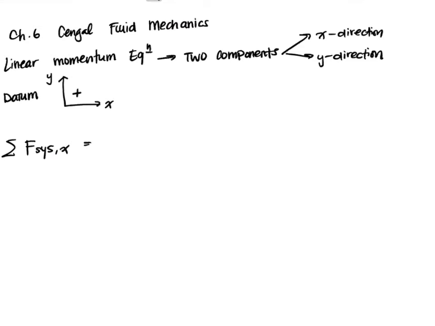Okay, so these are the linear momentum equations where we have the sum of forces onto the system in balance with density, directional velocity, the area, and the magnitude of the velocity in the x direction, and these are all out of the system, minus the sum of density multiplied by our directional velocity multiplied by our area multiplied by our magnitude of our velocity, and these are all in.